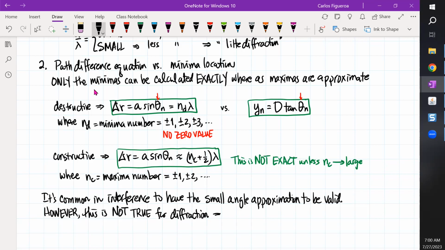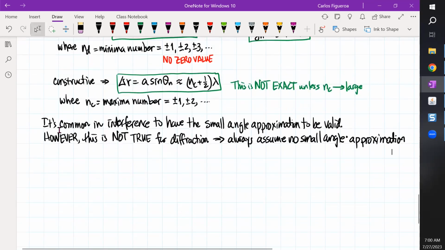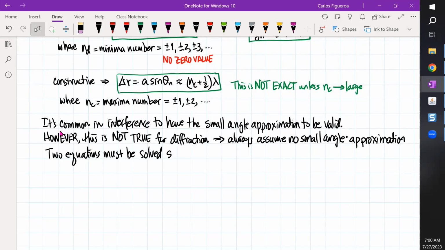So in other words, always assume no small angle approximation. So that means here is that two equations must be solved simultaneously.